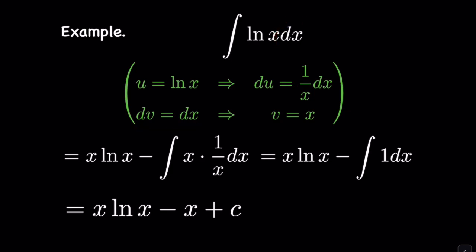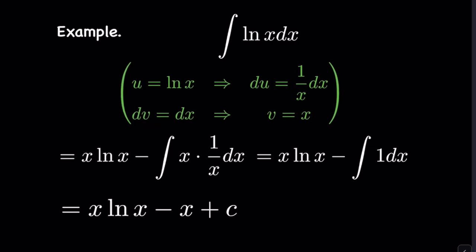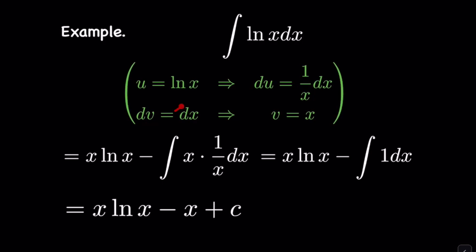The next step is to compute du here, going from here to there, and then here I compute v. So du is going to be the derivative of natural log of x, which is 1 over x multiplied by dx, and v is going to be x. Basically, dv is equal to 1 times dx, and an antiderivative for v is x.